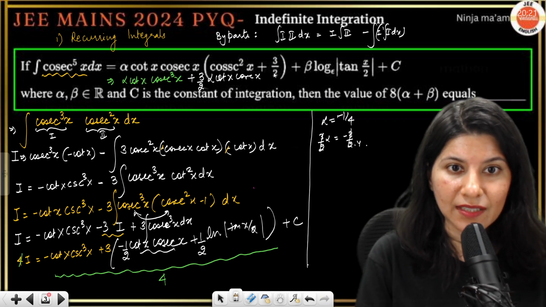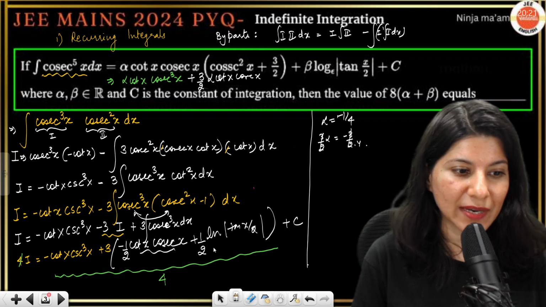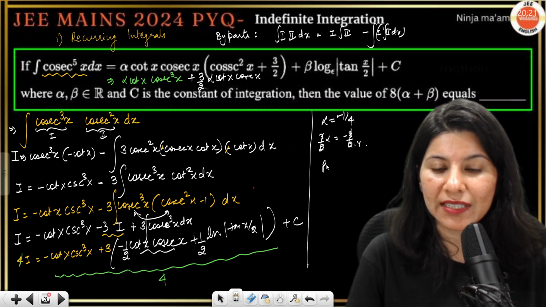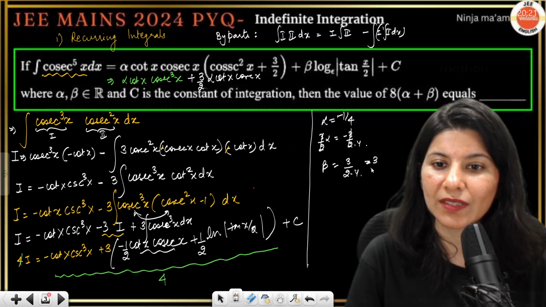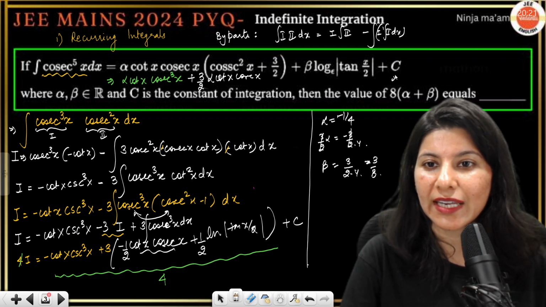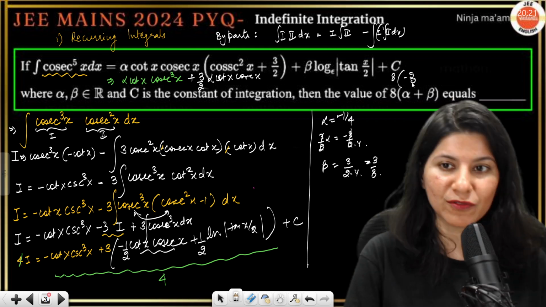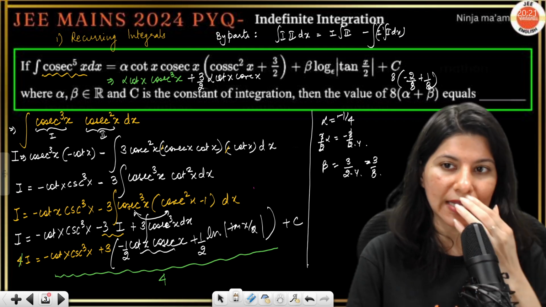Now next. So this is sorted. Plus beta log tan x by 2. So tan x by 2 ka coefficient is what? 3 by 2 by 4. So beta will be 3 by 2 by 4. So 3 by 8. Absolutely. So 8 alpha is what? Minus 2 by 8 can I write? Minus 1 by 4 is what? Minus 2 by 8 plus 1 by 8. Right? To take LCM.